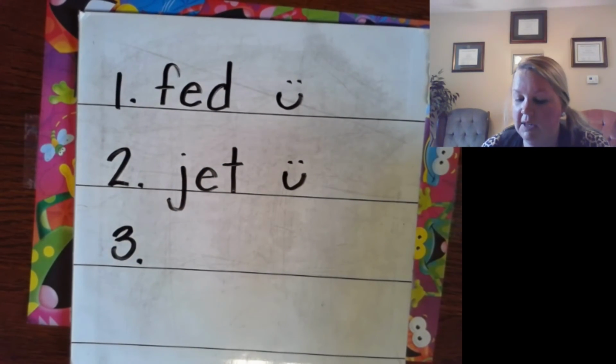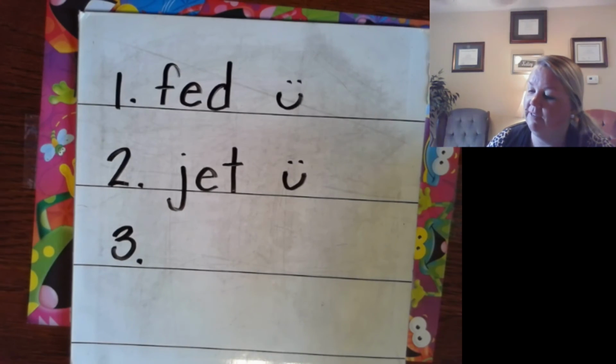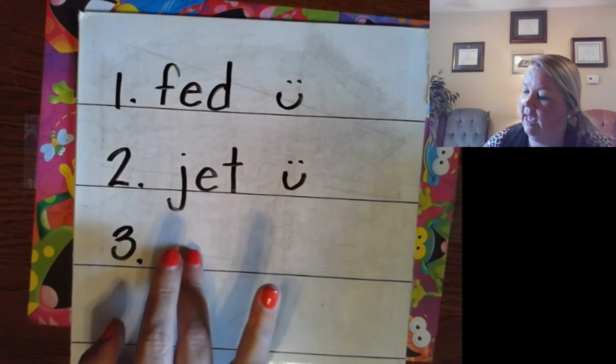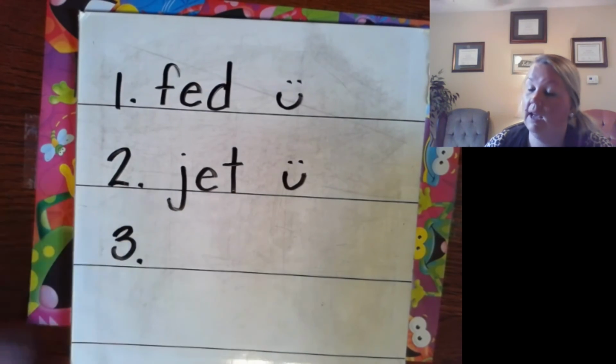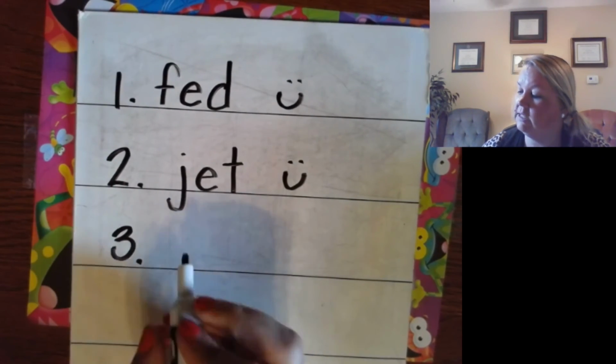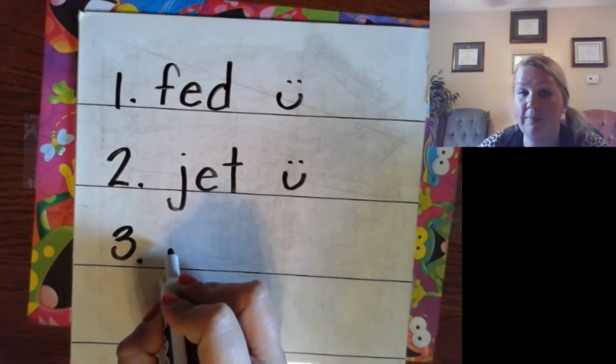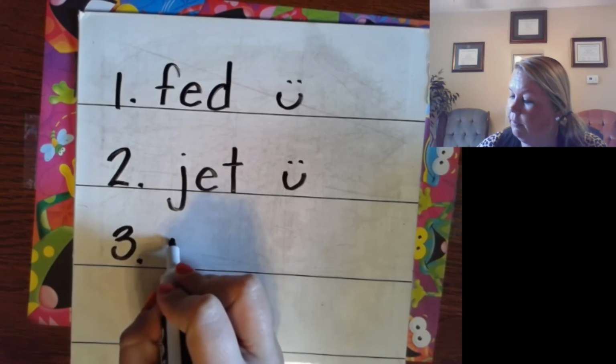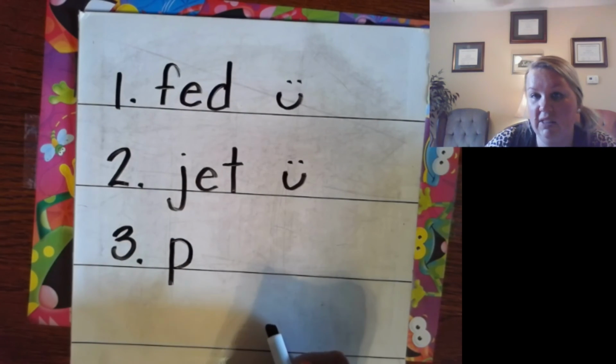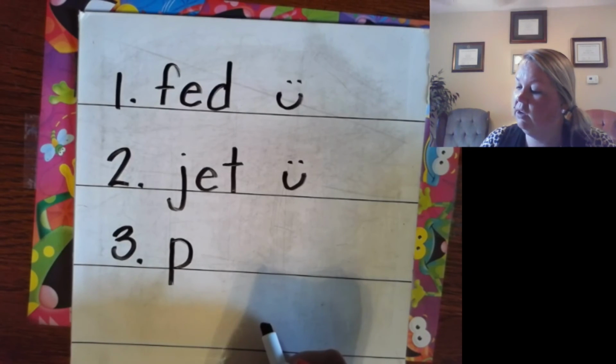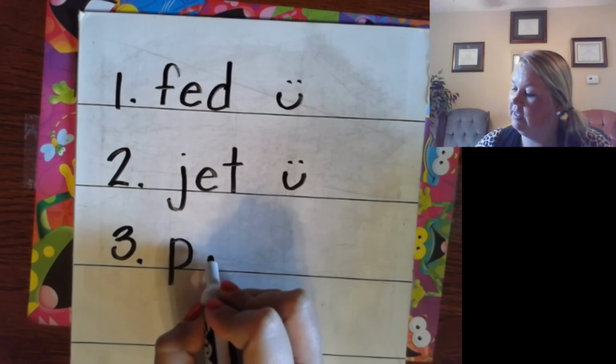And the last word that I asked you to spell was pen. Pen. We write with an ink pen. Okay? So I need to figure out how many sounds I hear. I hear 3 sounds. The first one is P. So in order to represent that sound, I put a letter P. I know from my code book that that's the way it's commonly spelled. E is the next sound.